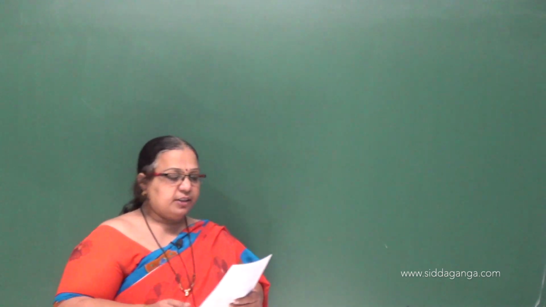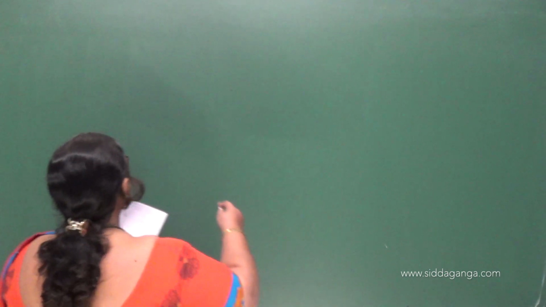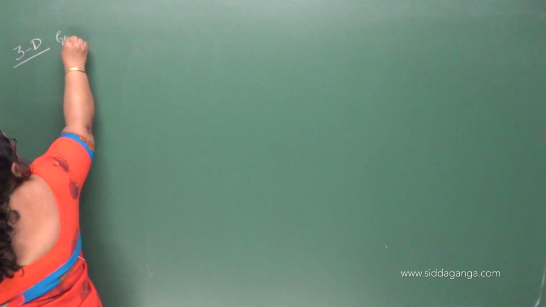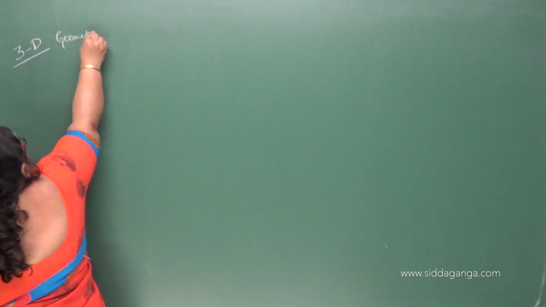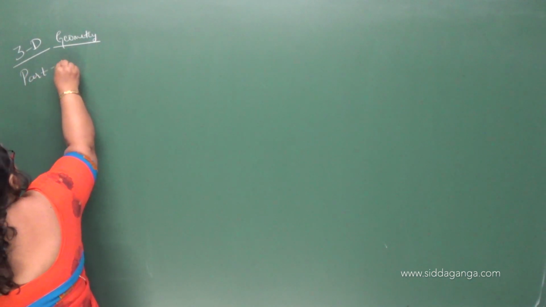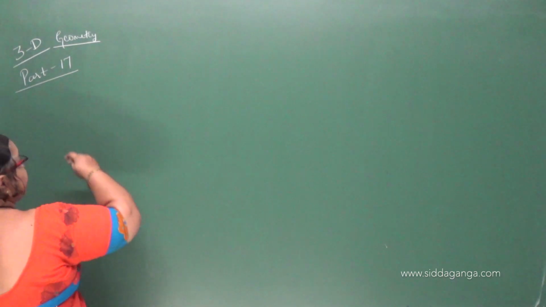Here we have to consider, let us draw the figure here. So now today we are going to study about 3D geometry. So here, I think this is the 17th class.